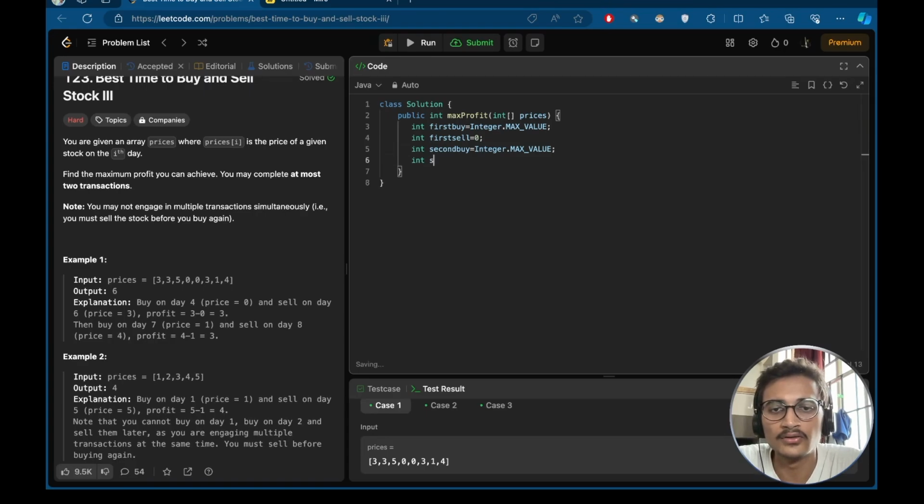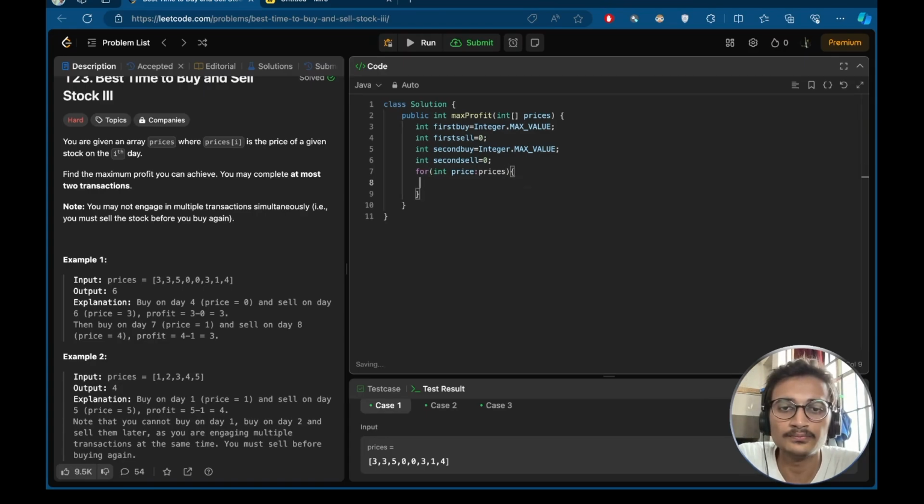Now let's assign the second sell as well, which will be 0 again. Now we will start traversing our array and we will try to maximize our profit. So let's write a for each loop, price in prices.